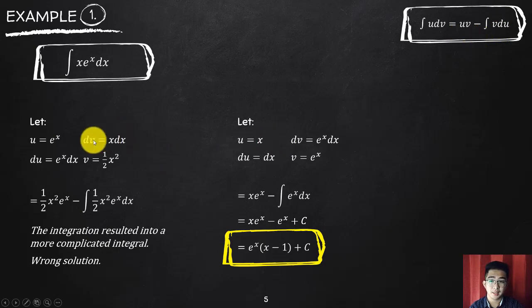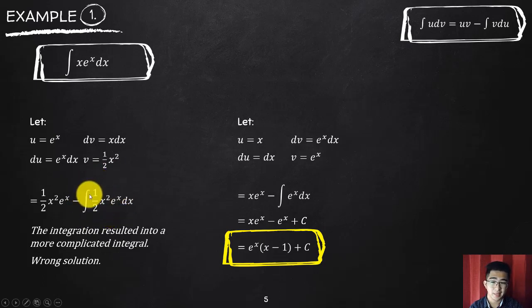So what will happen? Let's see. U times v, that is 1/2 x squared e raised to x, minus the integral of v du. So that is the integral of 1/2 x squared e raised to x dx. If you look at the rightmost side of the answer, this is still an integral sign, correct? Therefore, we must also integrate this before we can produce an answer.